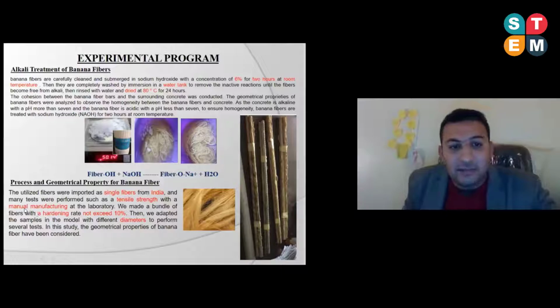We make it as a bar with manual manufacturing, and we added the hardening rate not exceeding 10%, with different diameters of the bars, as we see. We make banana fiber as bars, like steel bars, and we do the treatment with NaOH.